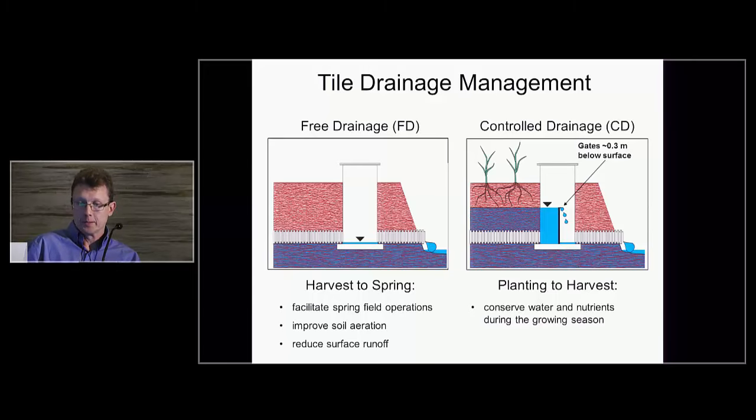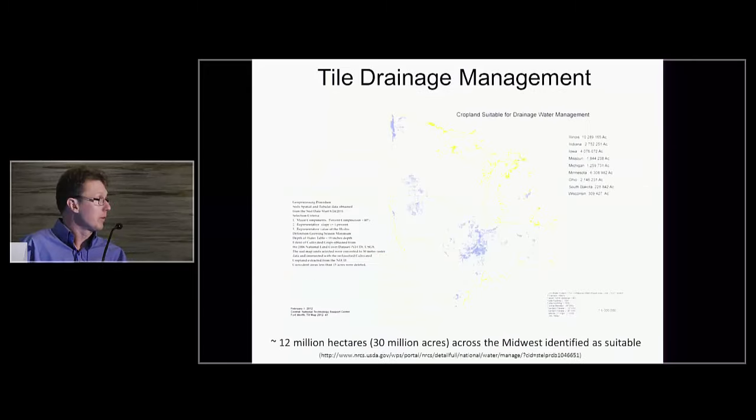So from there, we start thinking, okay, why is tile drainage management a relevant BMP to talk about now? Well, across the U.S. Midwest, NRCS has identified approximately 30 million acres of land that's suitable for tile drain management BMP implementation. So any subsequent effects that tile drain management can have on groundwater need to be understood.